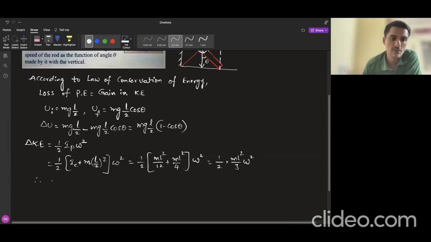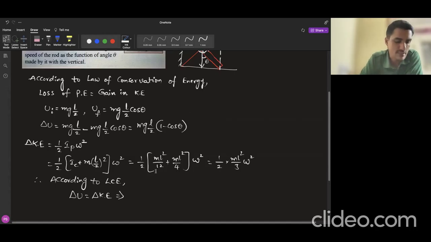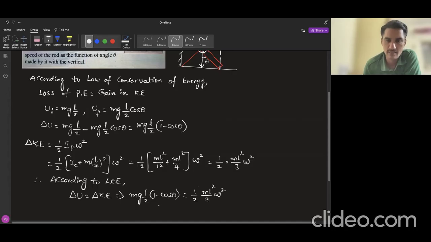Now, therefore, according to law of conservation of energy, loss in potential energy is equal to gain in kinetic energy. So loss in potential energy is what? mgL by 2 into 1 minus cos theta is equal to, what is gain in kinetic energy? Gain in kinetic energy is half into ml square by 3 into omega square.